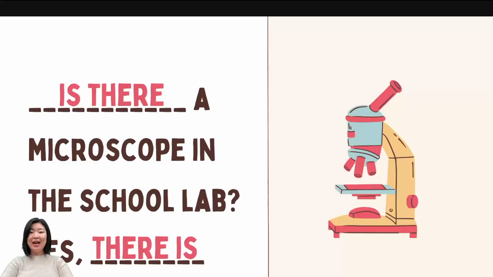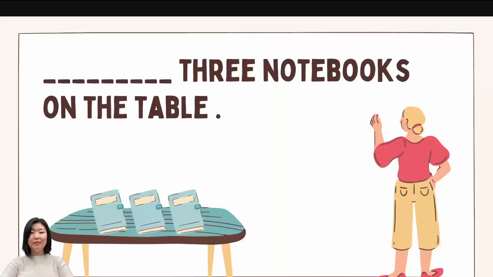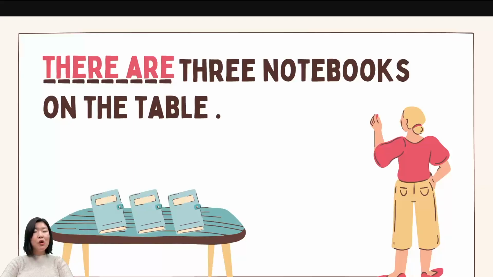Yes, there is. As you can see, it's using a singular form of a noun, a microscope, so you must use is there. 3, 2, 1. There are 3 notebooks on the table. As you can see here, it's using the plural form of a noun, which is 3 notebooks, so you must use there are.